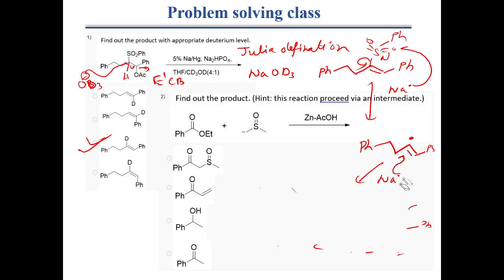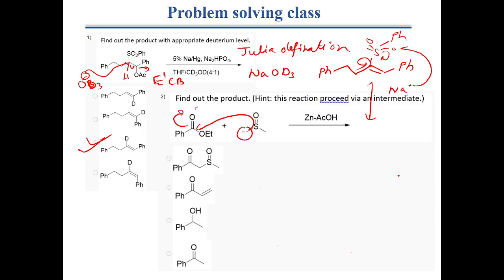I'm clearing this for the next question. So now this is the dimsyl sodium. This negative charge will react with this one. This will go, this will go, and ethanol will be removed.